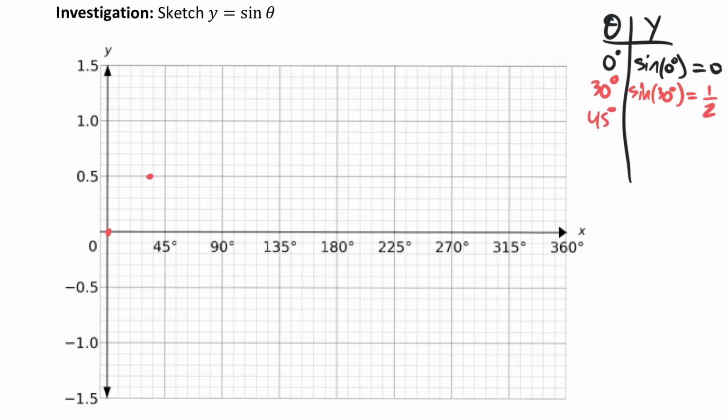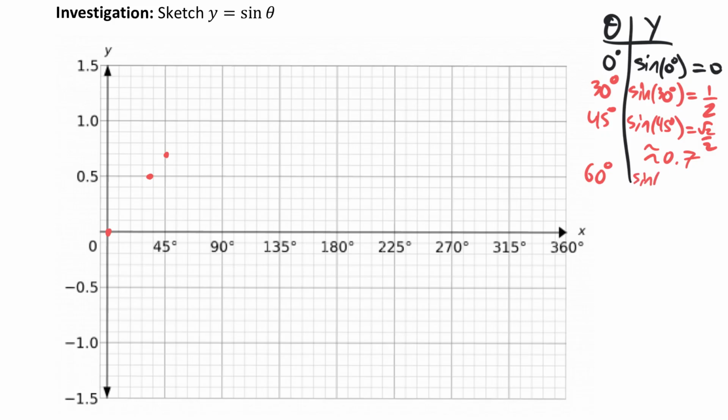Now for 45, sine of 45 is root 2 over 2, which as a decimal is approximately 0.7. So that's pretty good. We could kind of eyeball that one. So at 45, we'd have maybe about here, 0.7. Then the next one we know is sine of 60.